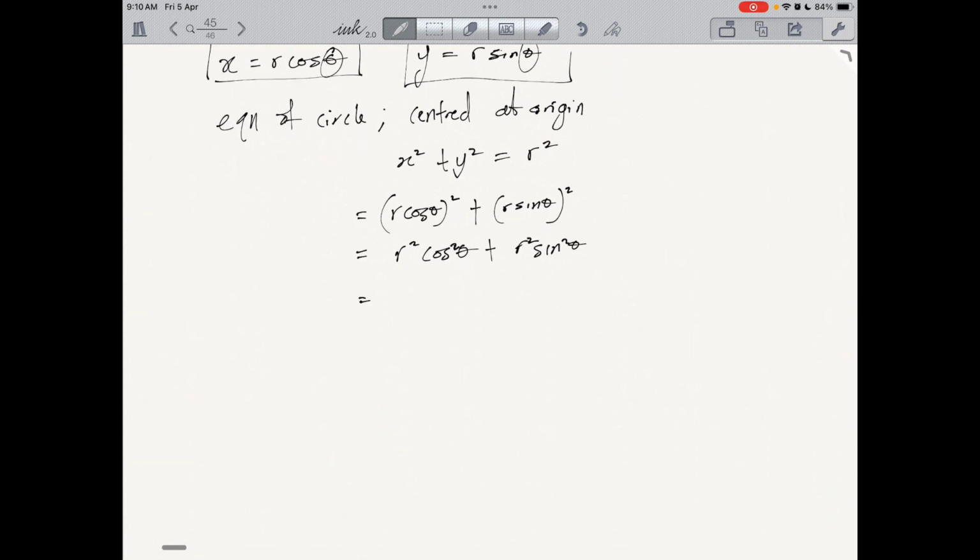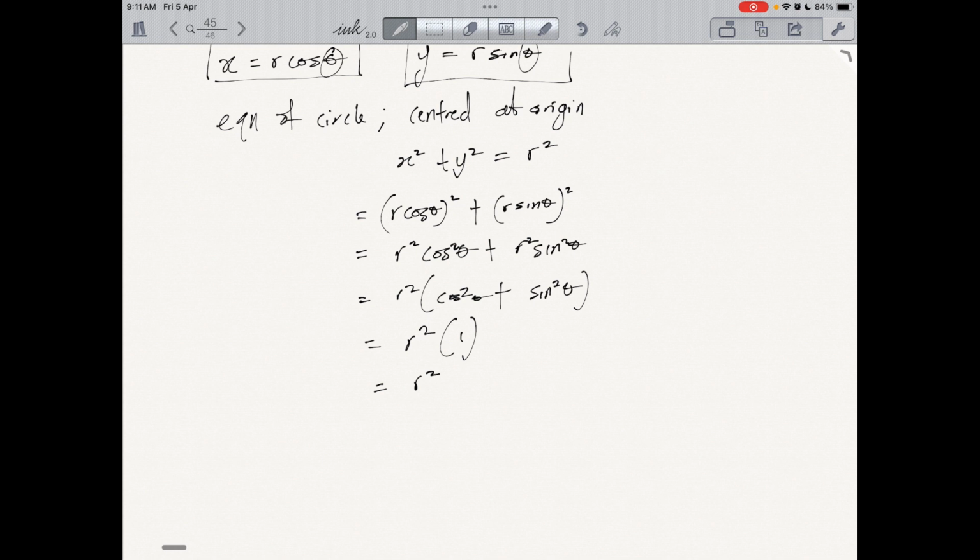Factorizing with r squared, we have cos squared theta plus sin squared theta. Now, according to trigonometric identities, cos squared theta plus sin squared theta is equal to 1. So this is r squared.